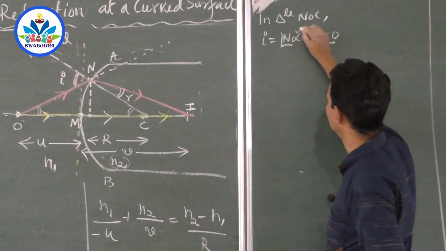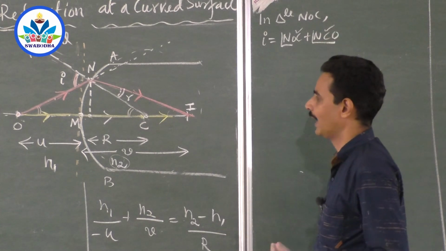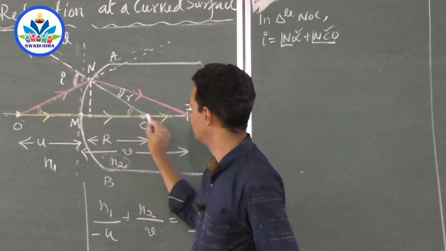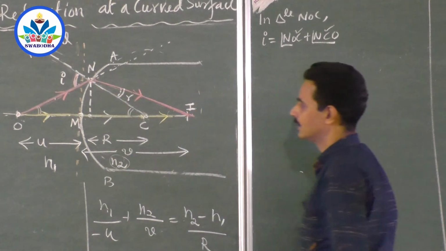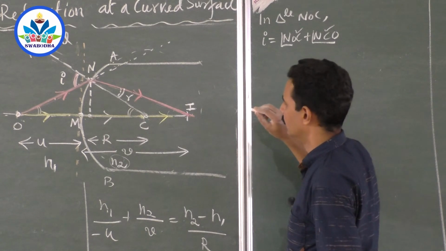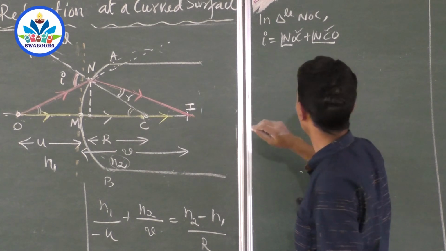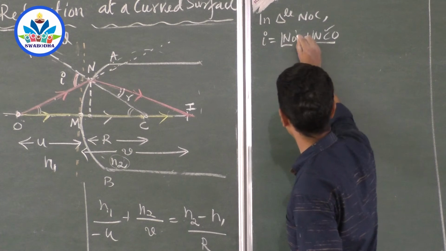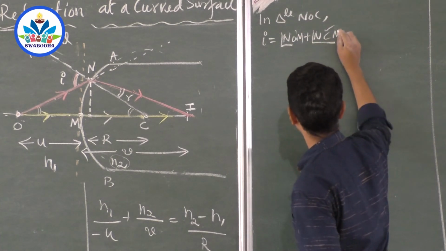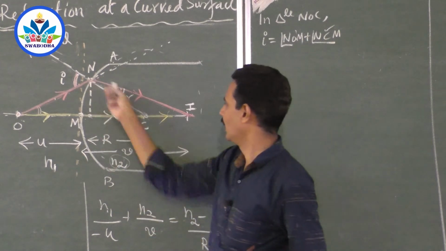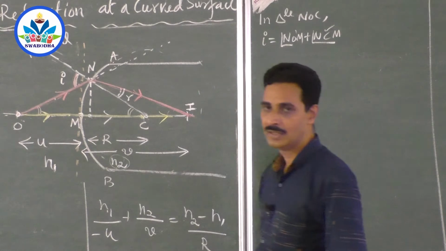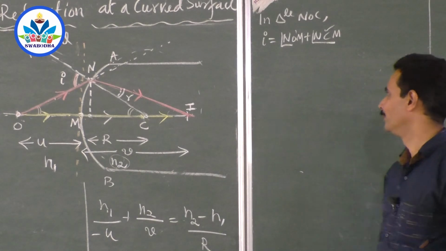Now, how to fill this NOC and NCO? We will take tan, because this is a right angle triangle here. Take tan NOM. NOC and NOM are one and the same. Instead of putting NOC, I will put NOM and NCM, so that later steps will be easier.